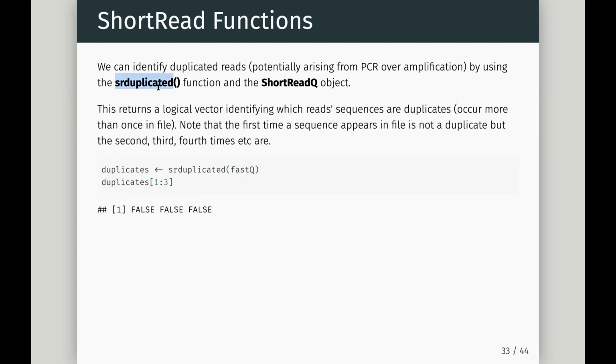Again, there are slightly better ways of doing this, but often you'll see a duplicated read arising from PCR over-amplification. Okay, so actually that really depends on what you're sequencing. If you're sequencing a whole genome and you're not going very deep, it's very unlikely that you would sequence exactly the same read twice.